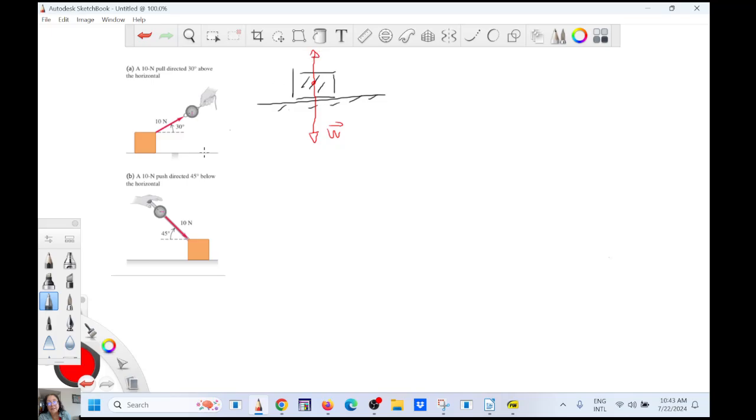I should draw that better, because the magnitude of the forces will be the same. This is called the normal force. Normal because it's perpendicular, not because some forces are abnormal and some forces are normal. Normal means perpendicular.